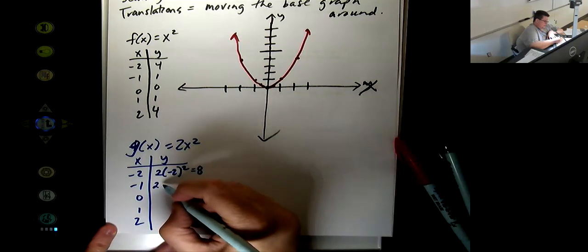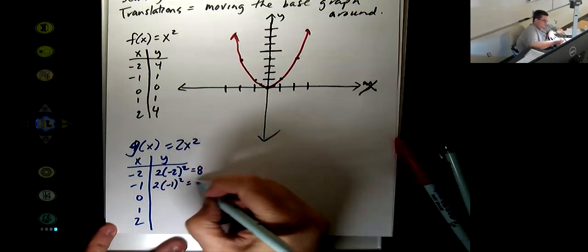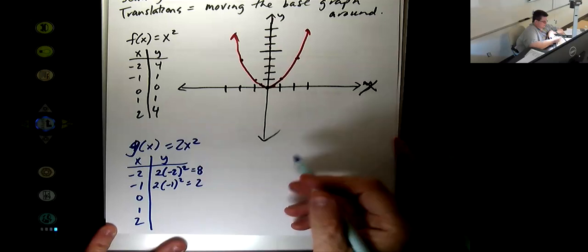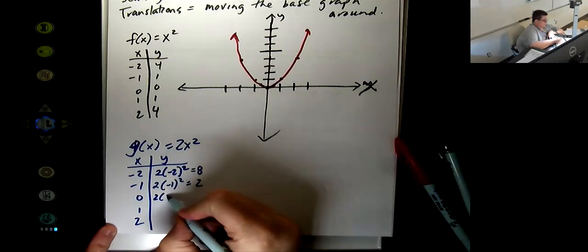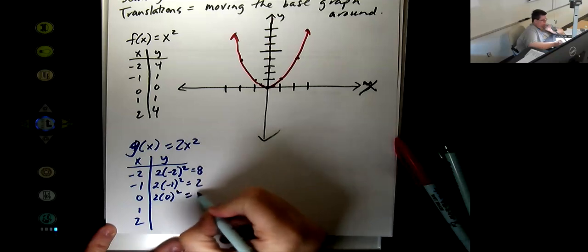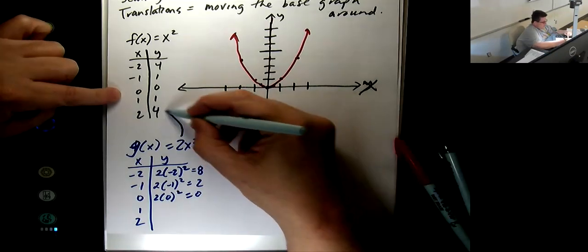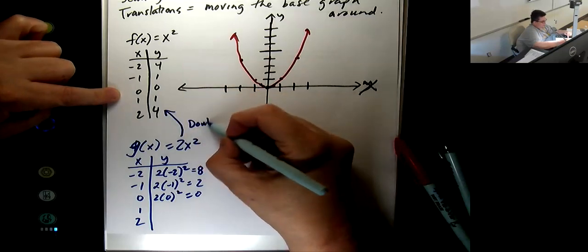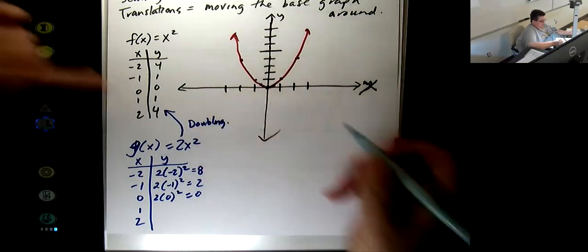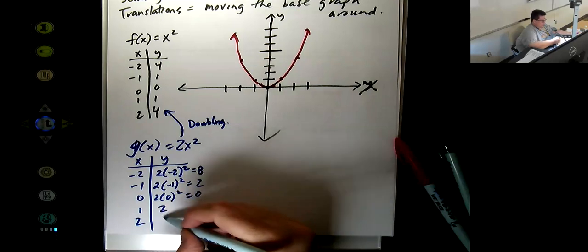Then we do the same thing here, 2 times -1 squared gets us 2. 2 times 0 squared is still 0. You'll see that this 2 actually is doubling everything on the base graph. You should get a 2 and an 8.